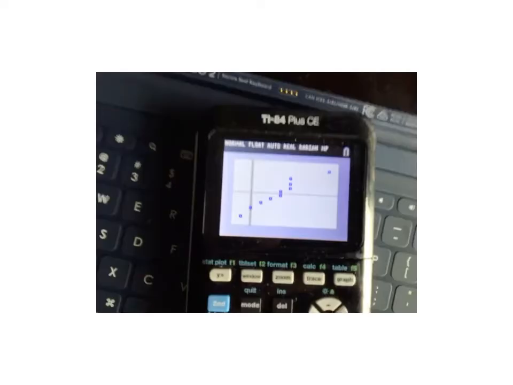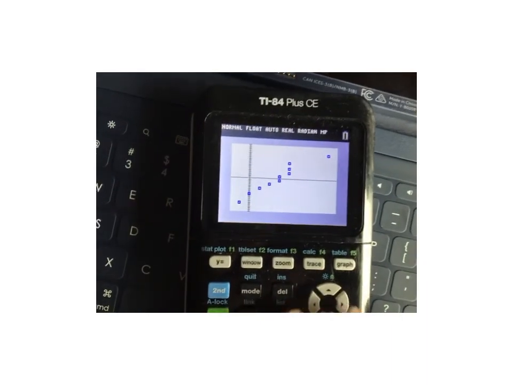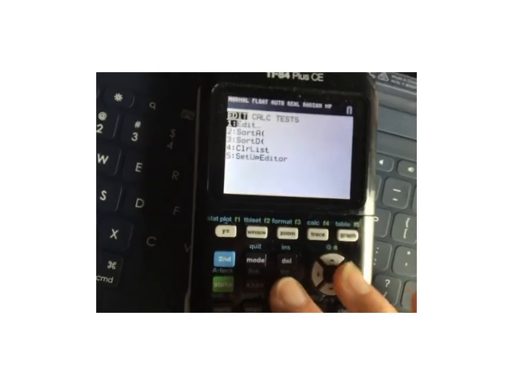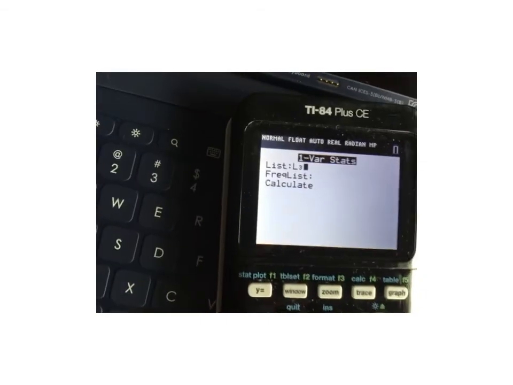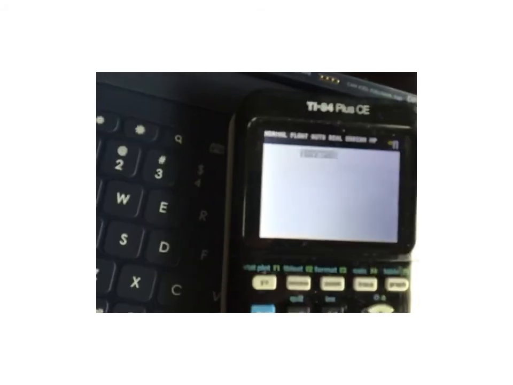So now let's look at the actual parts of the test. I need to get my data. So from my calculator, again, I'm going to do my stat calc, one-variable stats on list 3, calculate.